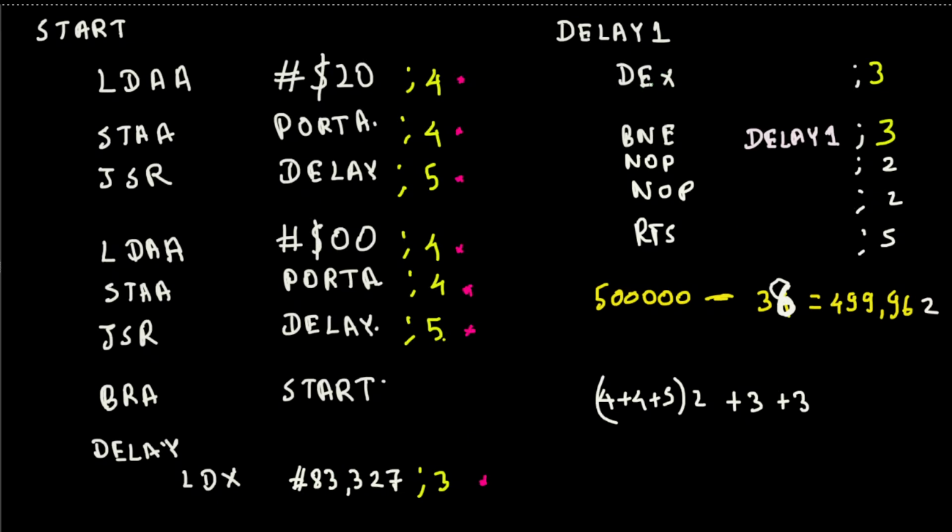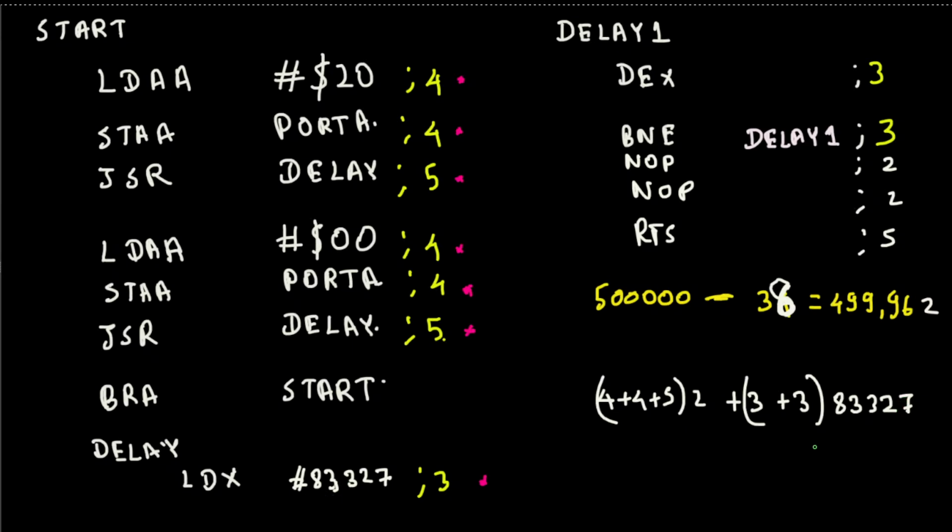That's the reason we are decrementing, because each time it decrements by 1 until it becomes 0, it's going to keep on running. So this 3 plus 3 is going to happen this many times. So 3 plus 3 times 83,327, and this comma is not necessary.